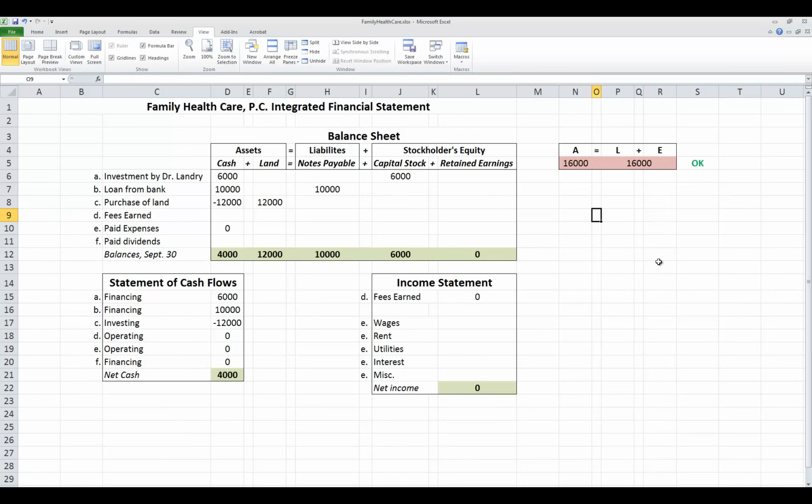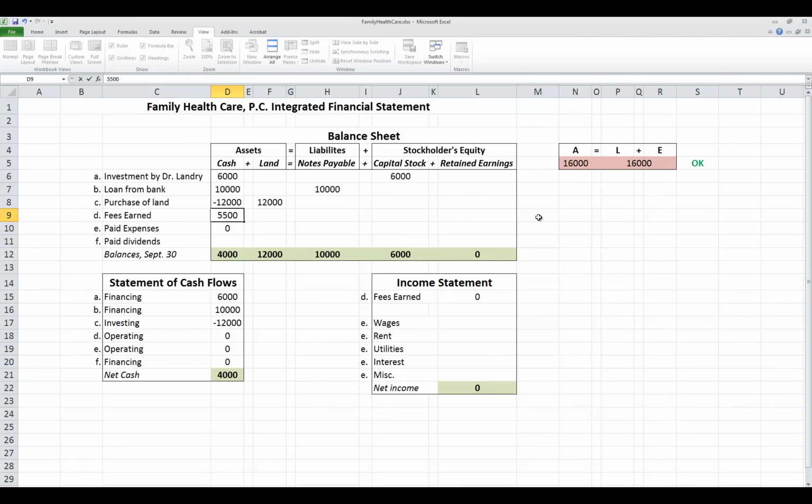All right, so let's go down to transaction D. And that is fees earned. So during this first month, Dr. Landry earned fees for his medical business of $5,500. Now again, we know that that has to go on the right-hand side of the equation somewhere. Is it a liability?